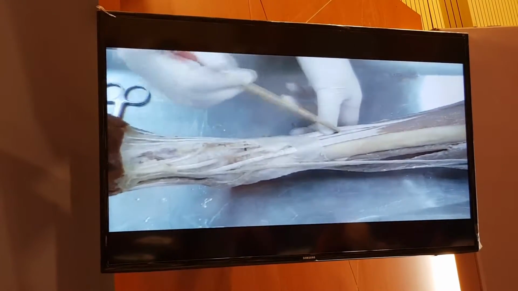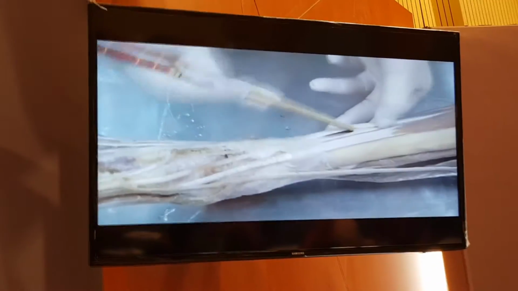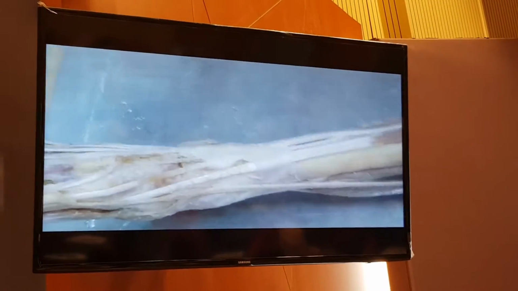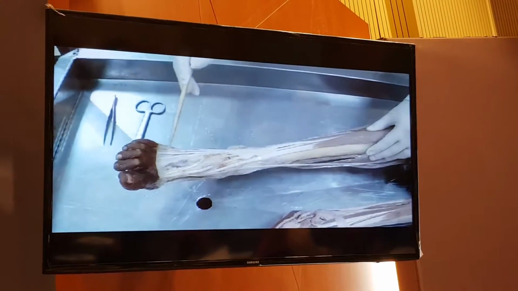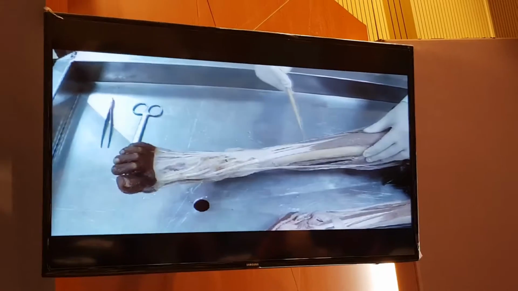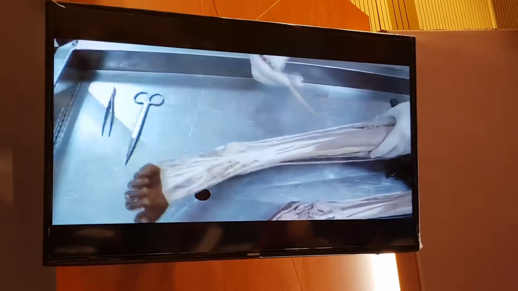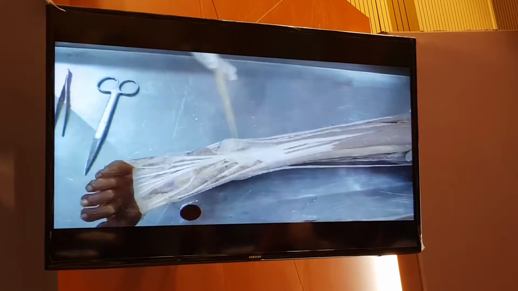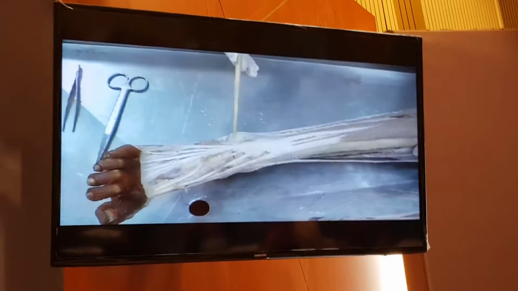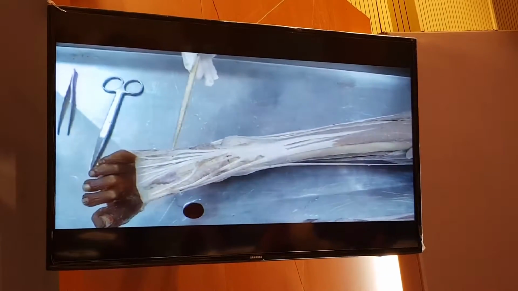Deep to this side is the extensor hallucis longus muscle. Then lateral to it is the extensor digitorum longus tendon. This is the extensor digitorum longus muscle, and here is the peroneus tertius muscle.